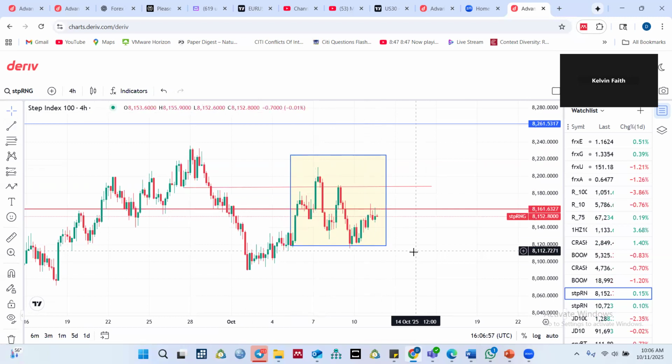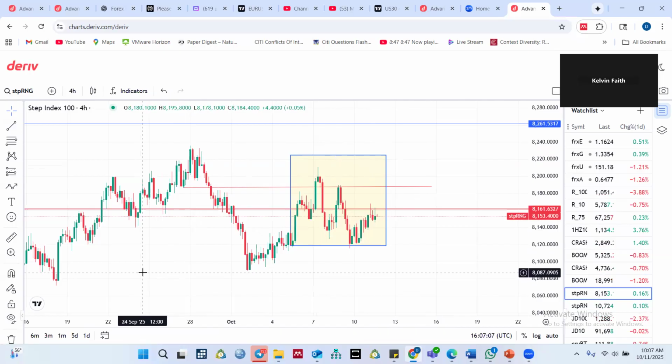But where do we look for the sells? One, we only look for sells below the red line, because according to the precision support resistance theory, as long as we are above it, it will buy. As long as we are below it, it will sell.